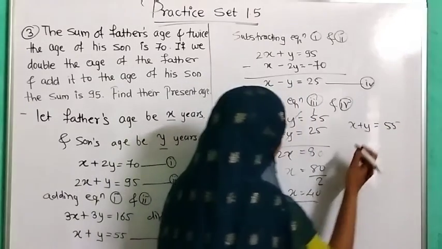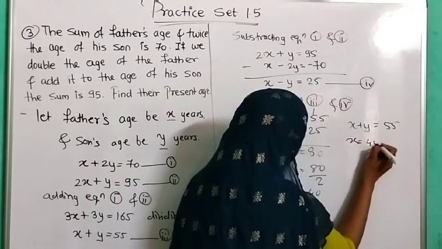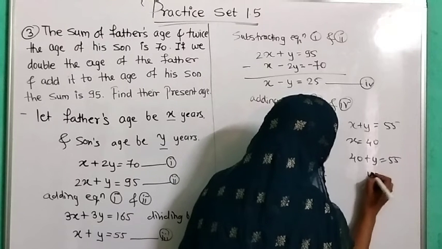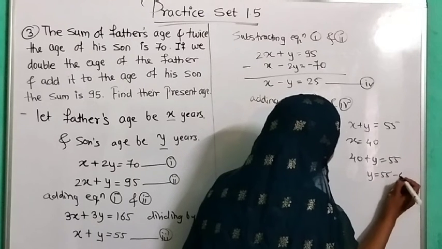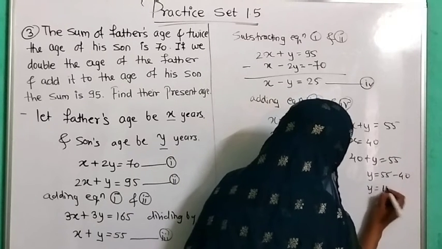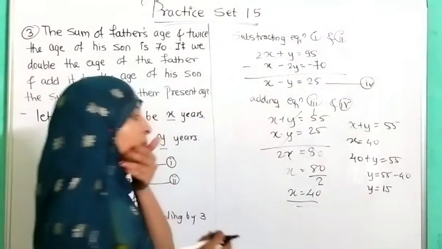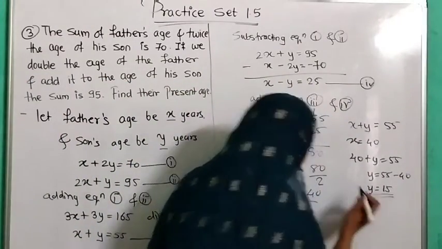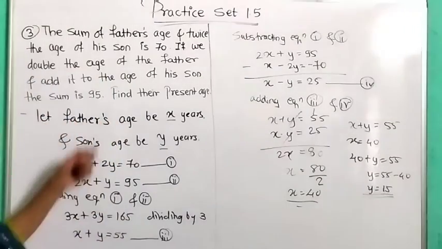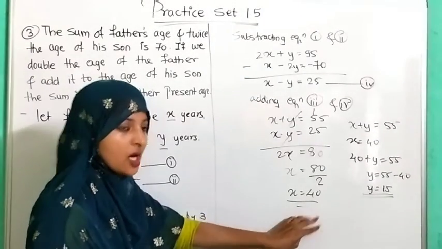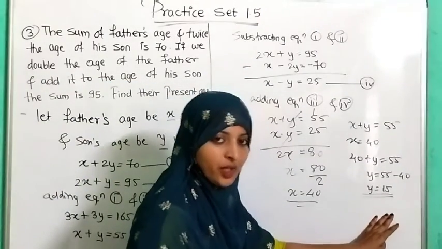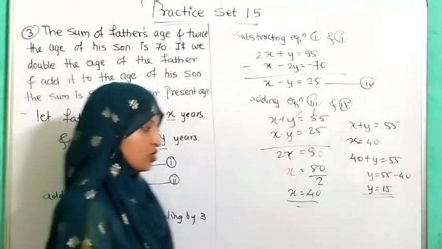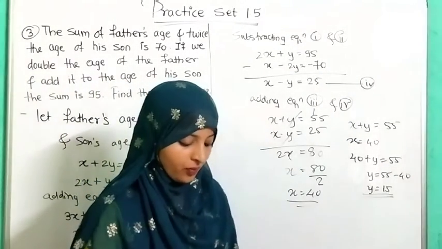If we substitute x is equals to 40, then 40 plus y is equals to 55. Then y is equals to 55 minus 40, and y is equals to 15. Means here we find the ages of father and son. Hence the age of father is 40 years and the age of son is 15 years.